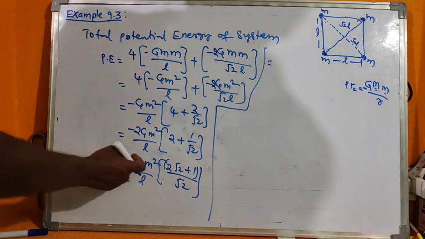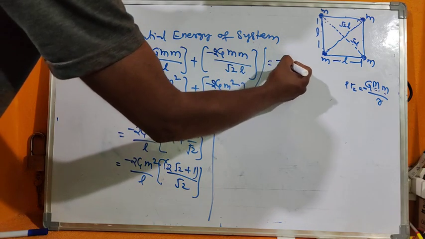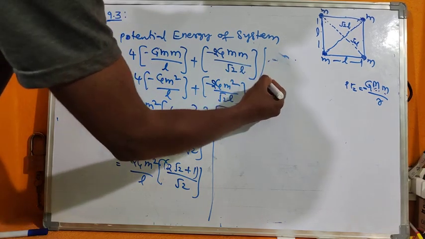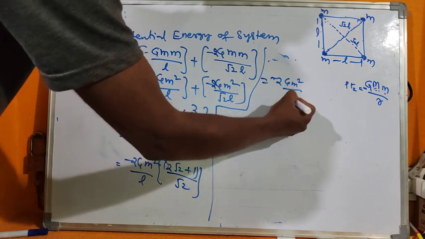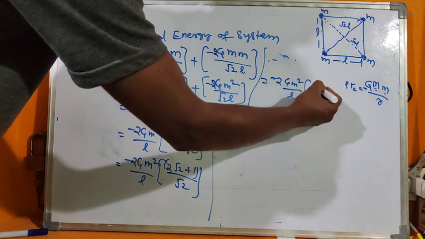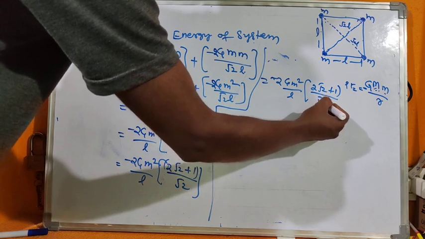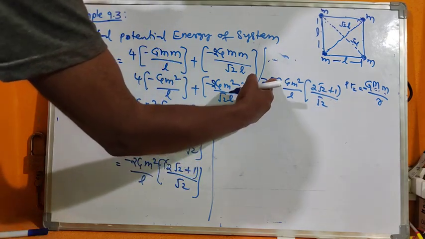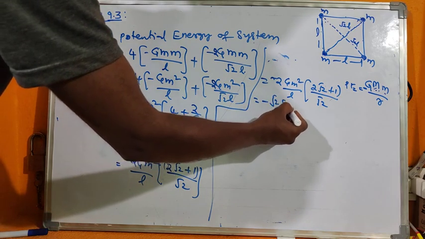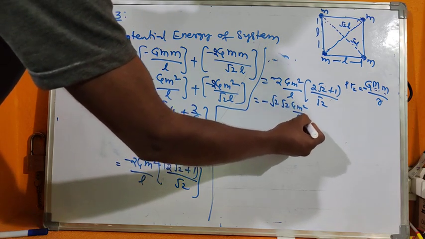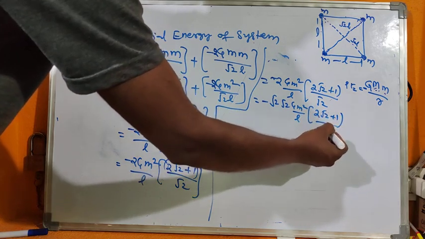Okay, this 2 and this 2, and that is equal to minus 2Gm square by L, into 2 root 2 plus 1 by root 2, and this 2 we can also write as root 2 into root 2 Gm by L, and it is equal to 2 root 2 plus 1 by root 2.